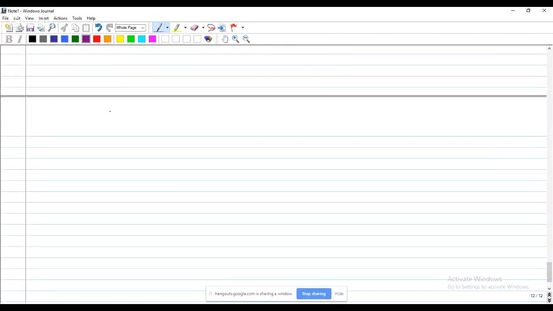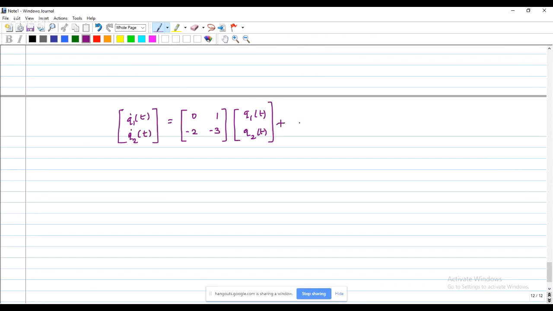So let us take up a problem. The problem states: q1 dot t and q2 dot t, this is my matrix, equals 0, 1, minus 2, minus 3, times q1 t and q2 t, plus 0 and 1 times x of t.